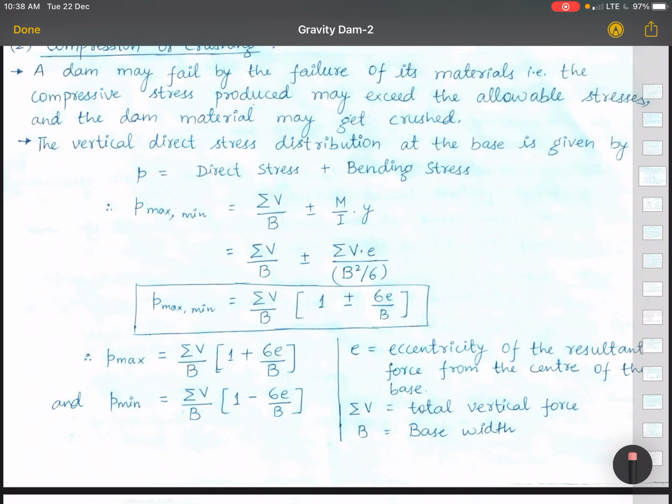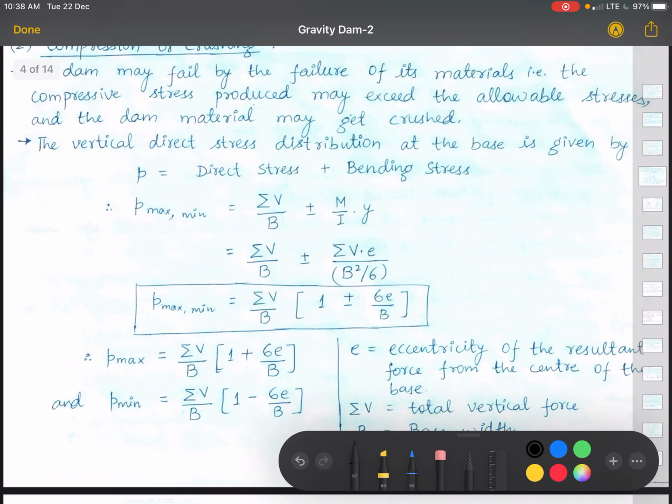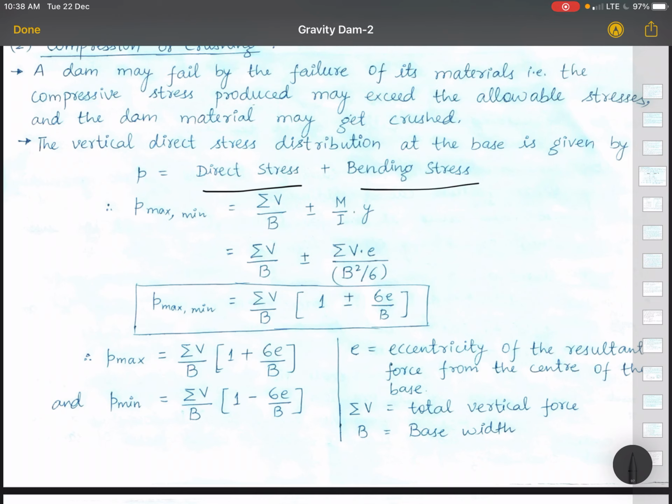The total stress which can come is, first, direct stress and second, bending stress. Direct stress will be summation V by B, where summation V is the summation of all the vertical forces, and B is this width. M is the moment, I is the moment of inertia. Y is the distance of the extreme fiber from the neutral axis, or of any fiber at which we are calculating the bending stress.